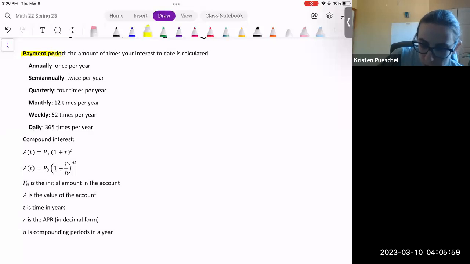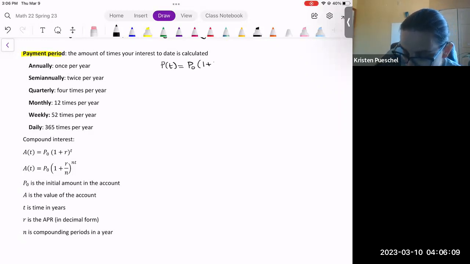Okay, so let me give you the main idea. If we were given an interest rate, just in terms of once in a year, say we have a 12% interest rate, this is the formula we would use to find the amount of money that we have in our account at the end of a year.